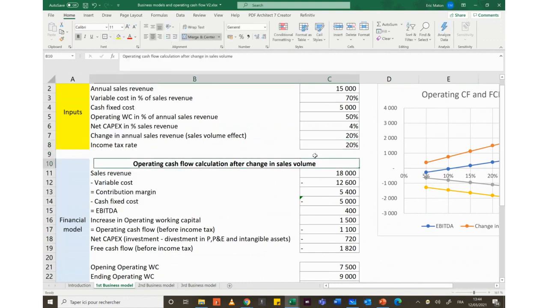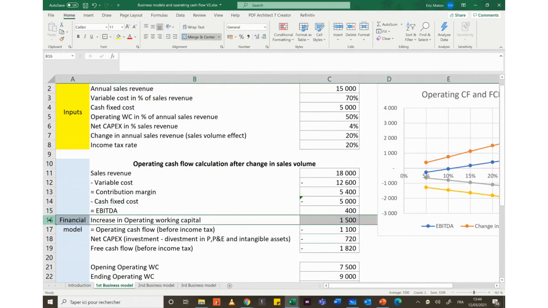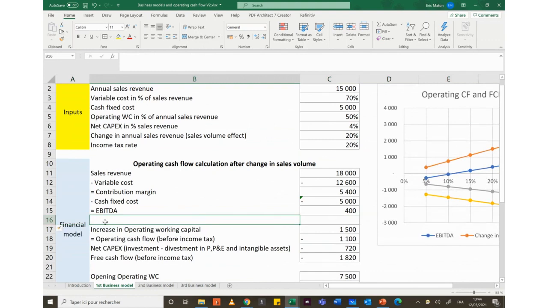So now what we need is not directly the EBITDA. What we need is to calculate the EBIT, the operating profit. So after the EBITDA, we can deduct EBIT multiplied by the income tax rate.